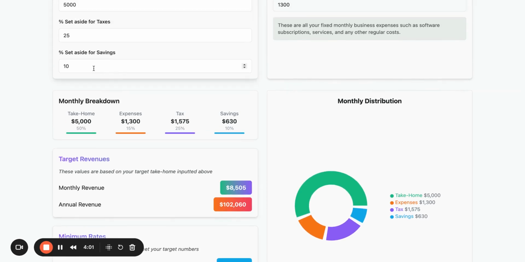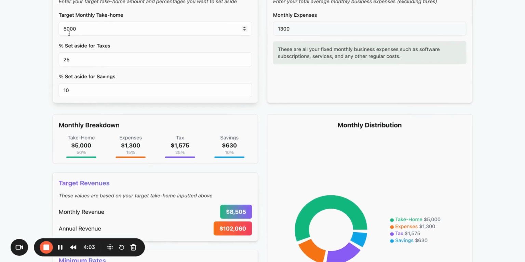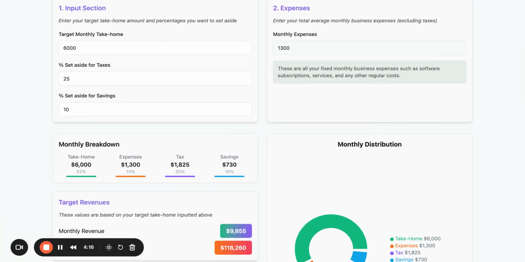Now, if you want to be able to pay yourself more, it's going to impact these numbers down here, obviously. But this is mostly looking at how much you want to pay yourself. That's the hard number that's not going to change. And then based on how much we're paying ourselves and what our expenses are, how much money do we need to be making, right?